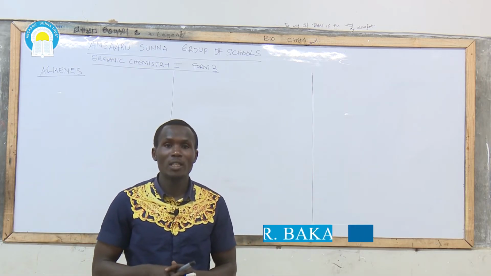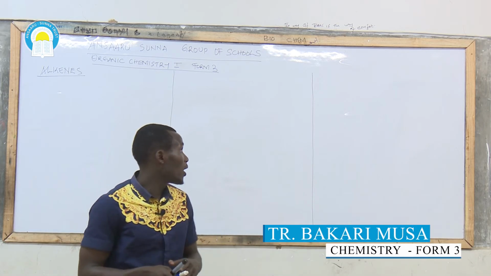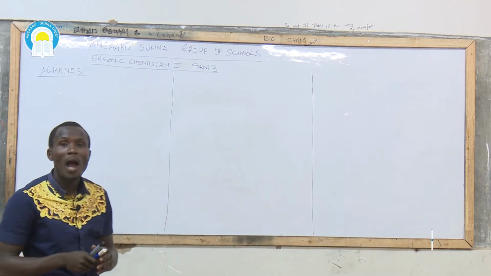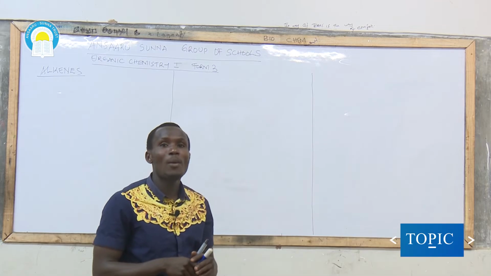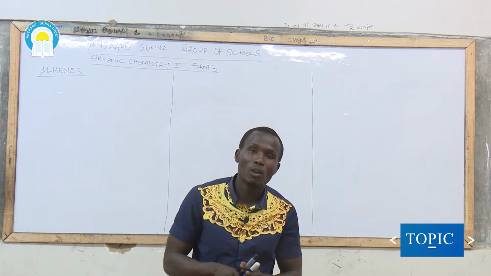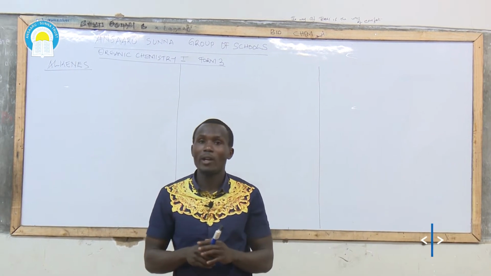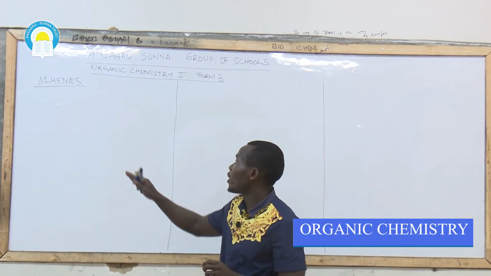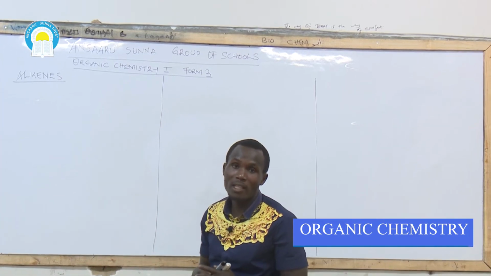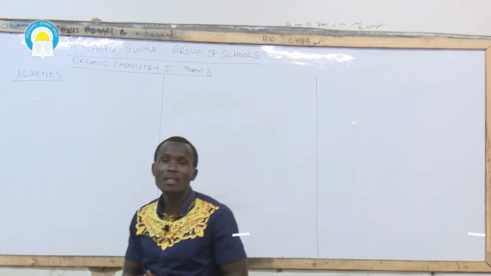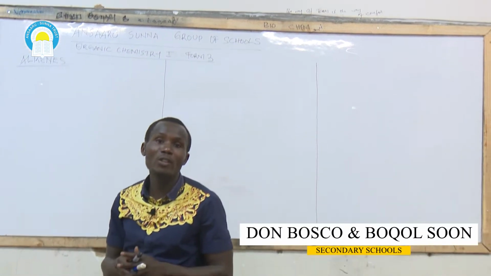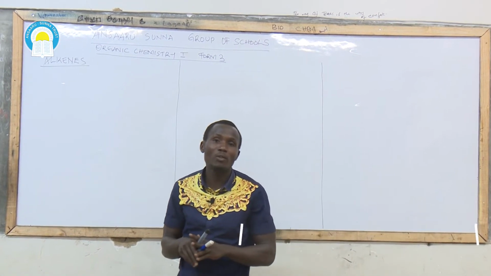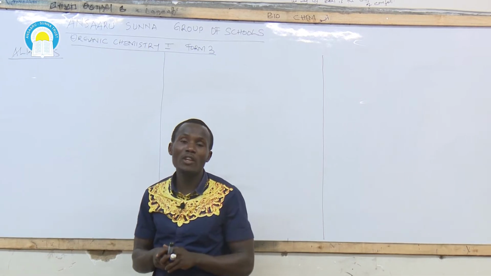Our lesson today is going to be organic 2 under the subtopic alkenes. Our previous lesson was on alkanes, but today we are going to check on alkenes. Alkenes are also hydrocarbons, made of carbon and hydrogen.